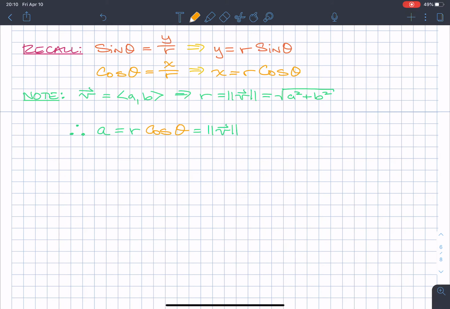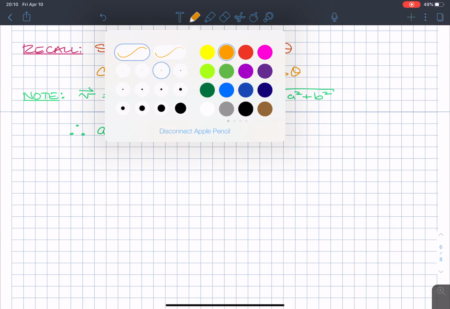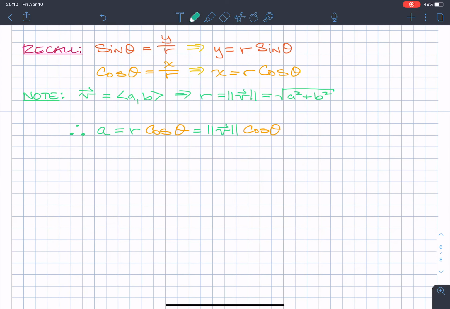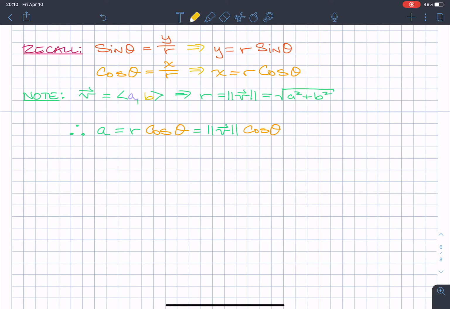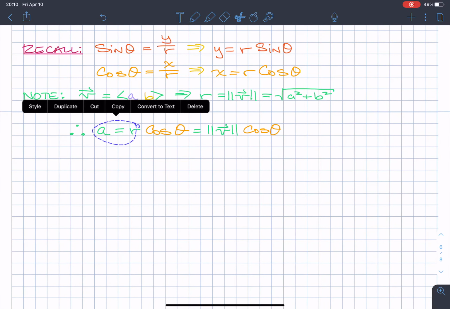Whereas b, and I would like to change these colors a bit. Let me change these so that this makes more sense. Let's call this A and B. I think that'll be clear if I do it that way. So let's change this to purple.